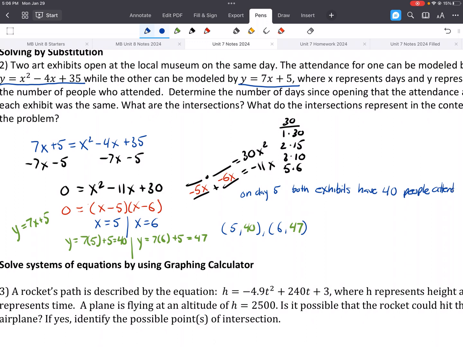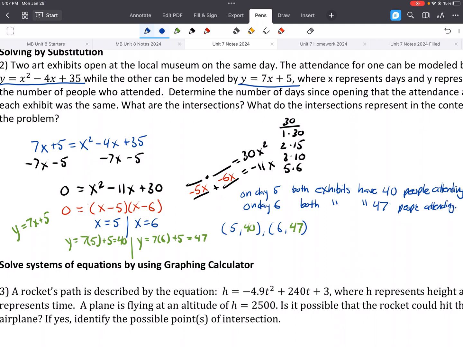And then for our second intersection, again, it would be on day 6, both exhibits have 47 people attending.